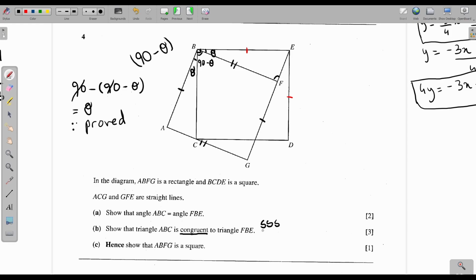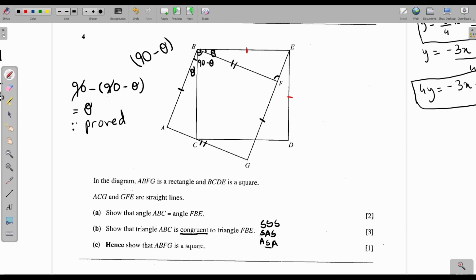The second way is that 2 sides are the same, and the angle between those sides is the same. And the third way is that 2 angles are the same, and the side in between those angles is the same.